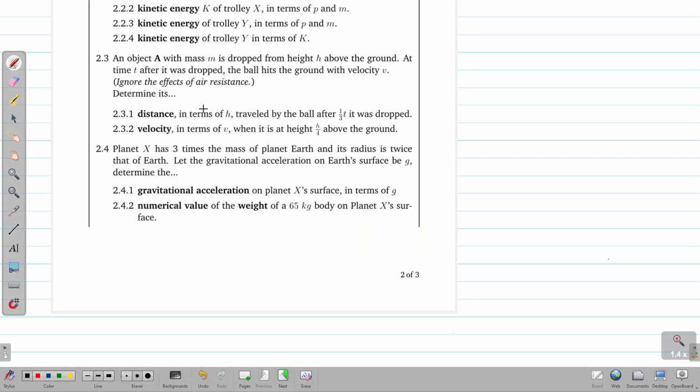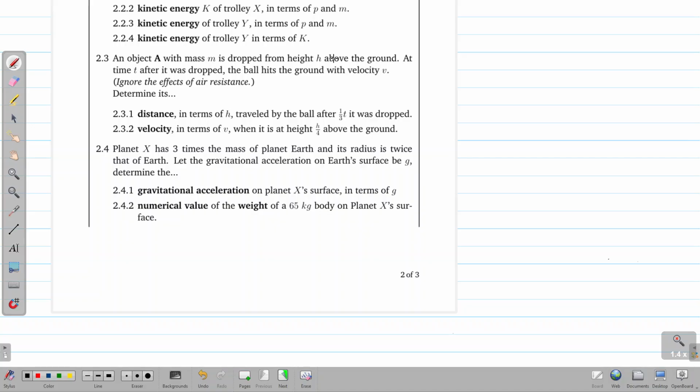The approach here is that you take the height above the ground as the distance it travels for this duration of time t, and this velocity is the velocity it has after time t, or the velocity it has when it has traveled distance h.